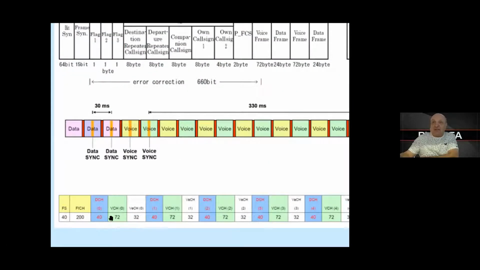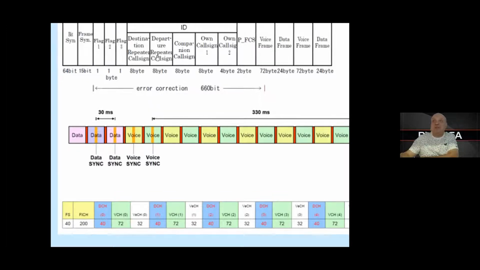It sends data, and it sends voice, data, voice. Because the data speed of Fusion is double that of D-Star, it sends, let's say, 144 bits instead of the 72.